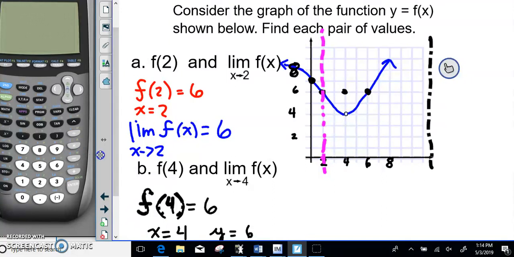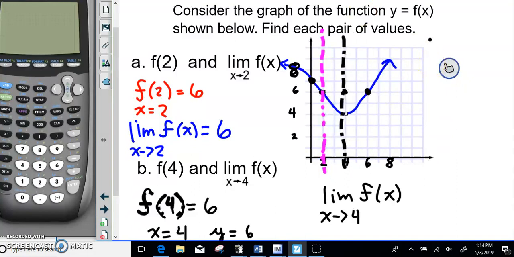Now, when it comes to our limits, limits focus on the graph itself, not necessarily the points. It focuses on the graph, what's happening on the graph. So when we do our limit here, as x approaches 4, again, we're looking at our graph going this direction. I'm going to pull this line back here, so we're focusing on where our focus should be at x equals 4.